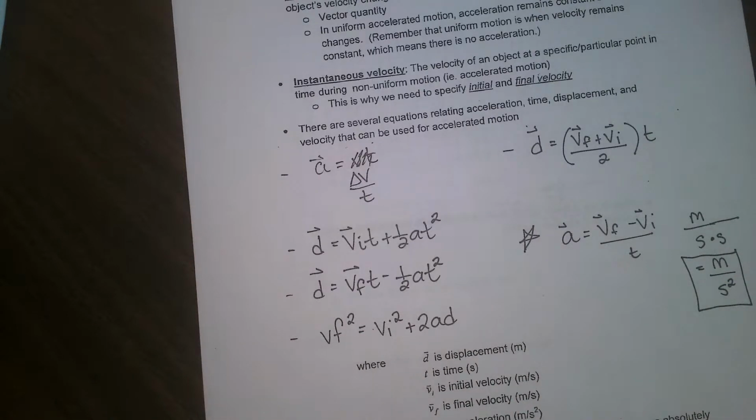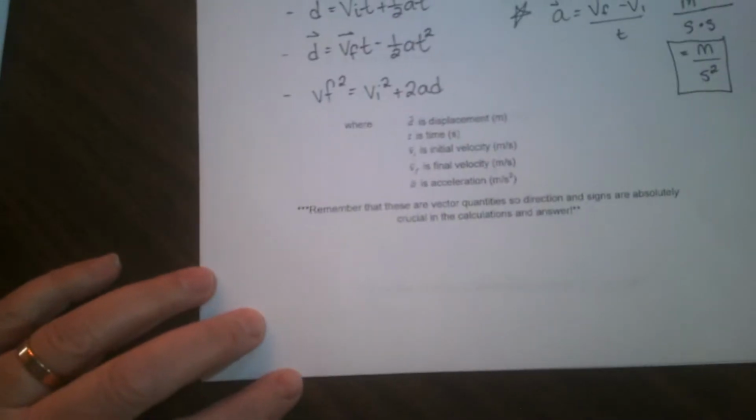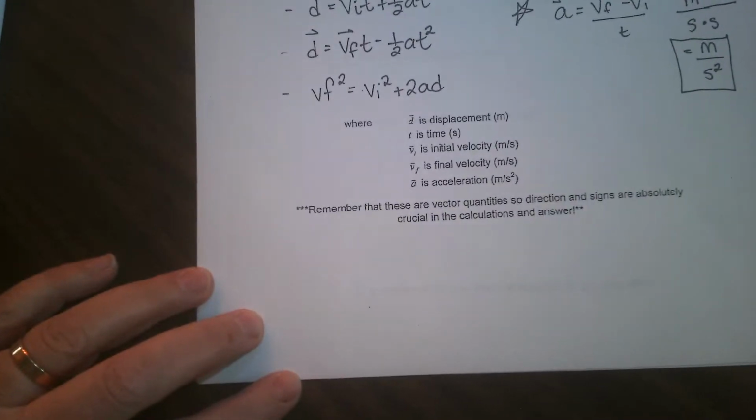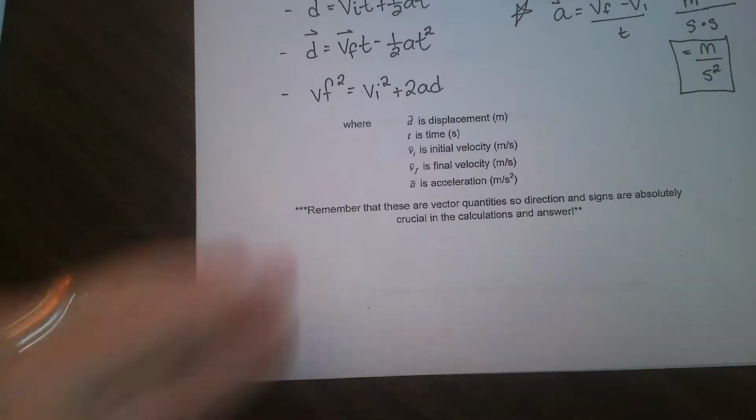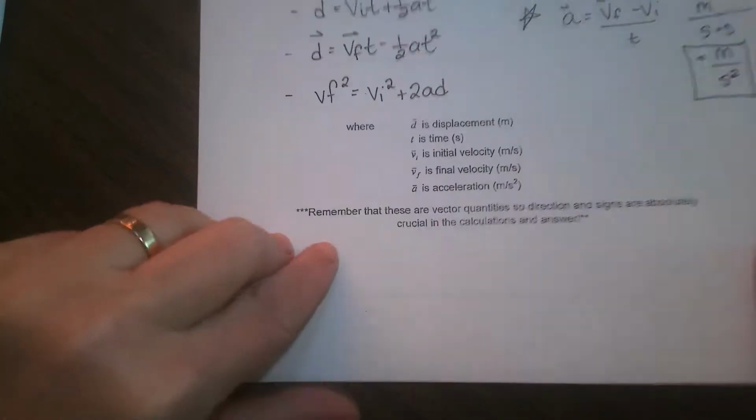Okay. So we need to remember that these are vector quantities, and so when you're doing your answers, not only are you paying attention to significant digits, but you're looking for a direction. And they're really important for figuring out those pieces.